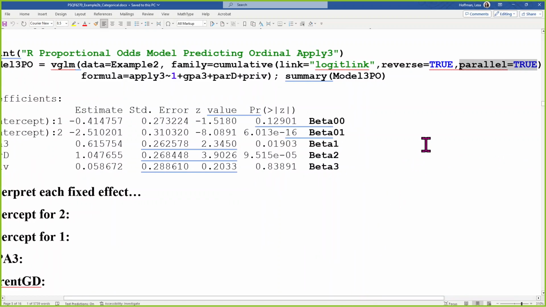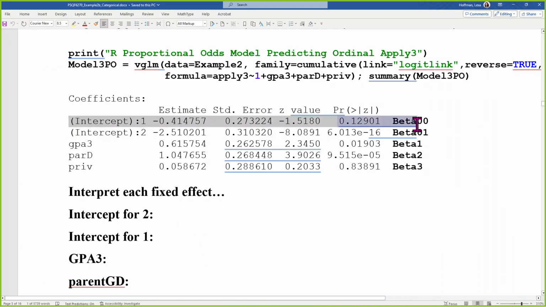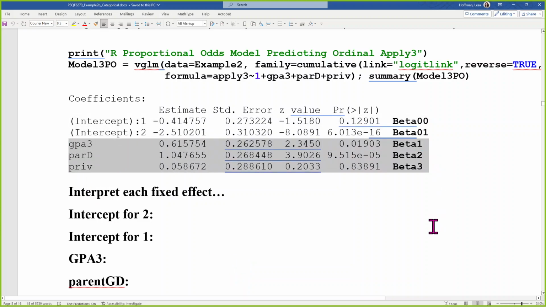Because if you were to graph the predictions, the lines would be parallel. There's a shift in intercept only. And in R, there's my 2 intercepts, and then it only prints 1 set of slopes because that's all I have.